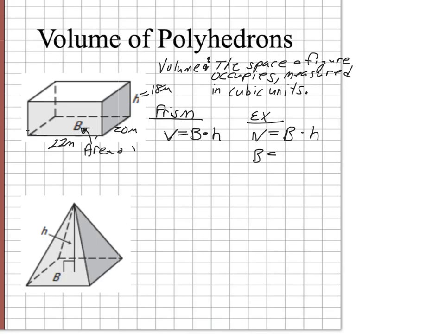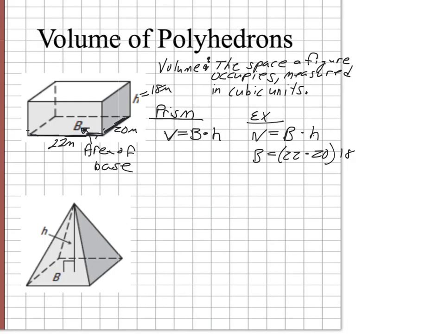Capital B, area of base, which means if this is a rectangle that is 22 by 20, width times length, I have 22 times 20, and then I multiply that by the height, which is going to be 18.